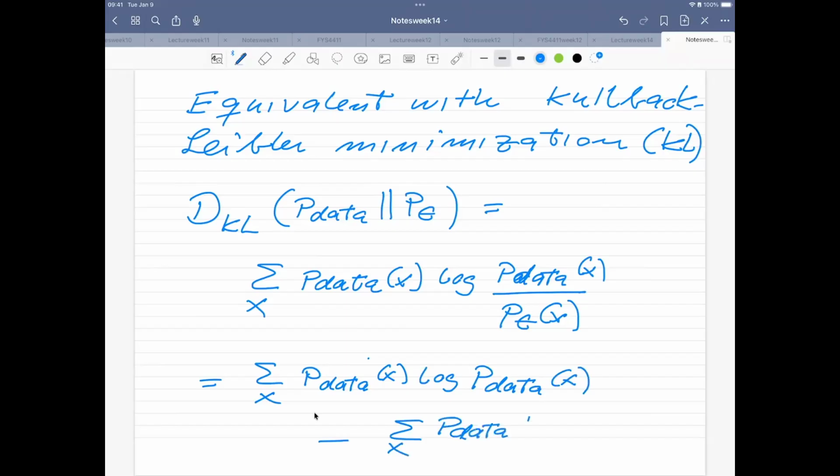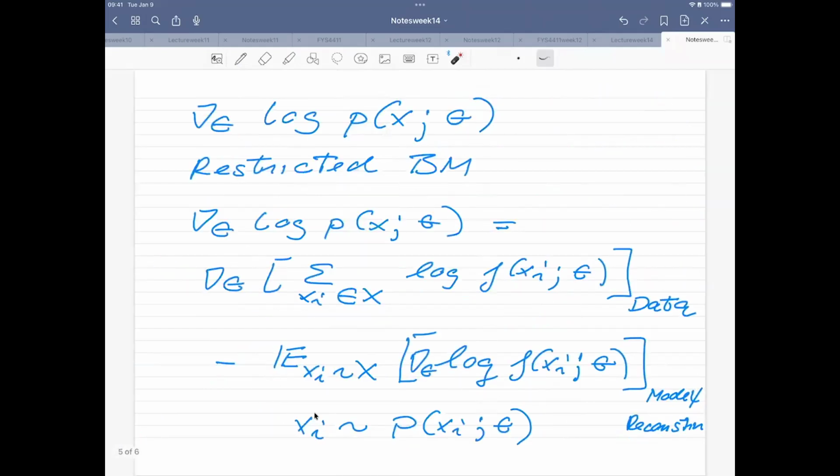So we generate the points according to P data, but then it has the log of P theta of x. And you can view this last term as an expectation value. So we are going to reconstruct this P theta by some Gibbs sampling, whereas here you can assume that this is just the data which enters. So this is the comparison with the terms which we had here.